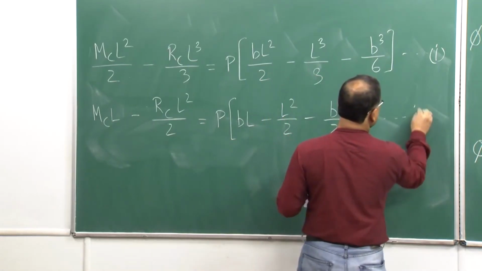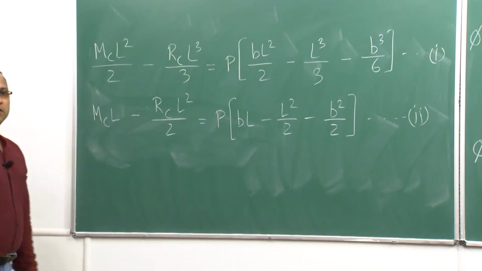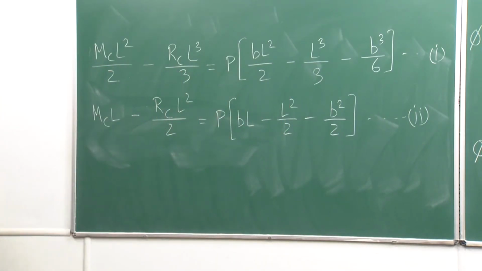This is equation 2. So, you have got two equations by putting delta C equal to 0 and phi C equal to 0.